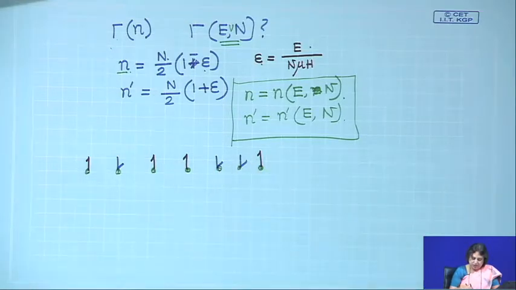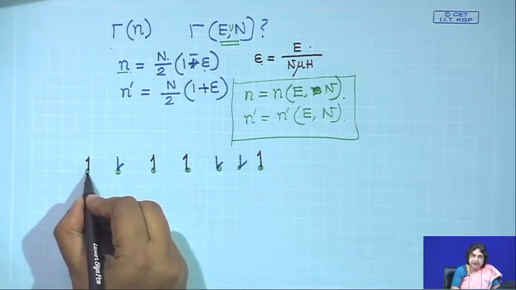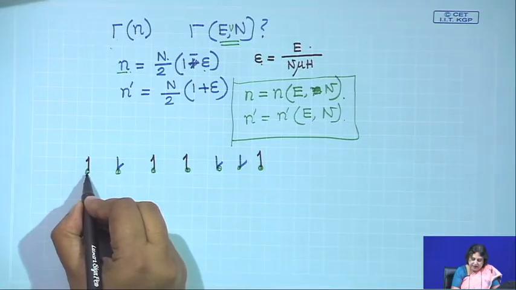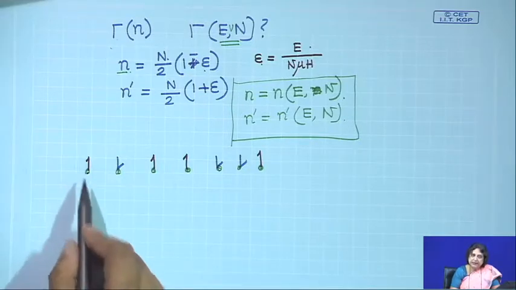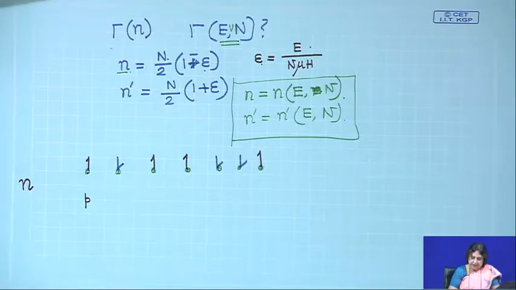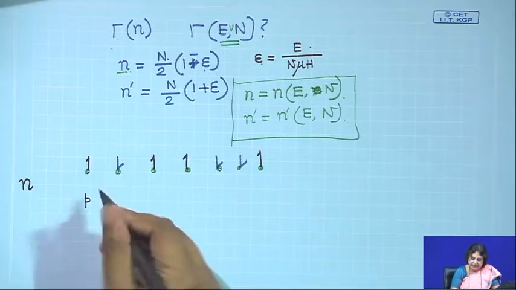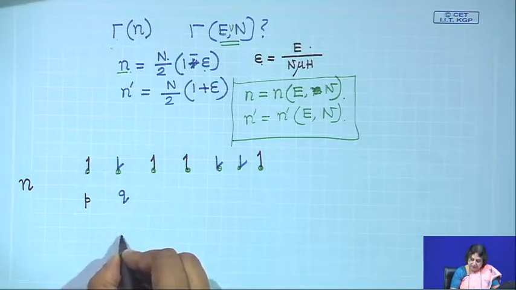By the definition, what is the probability associated with a site having an up spin? That is p. How many such sites are possible for this particular microstate? That is n. Now, the probability of having a down spin at any given site is q, and how many such q terms are present?